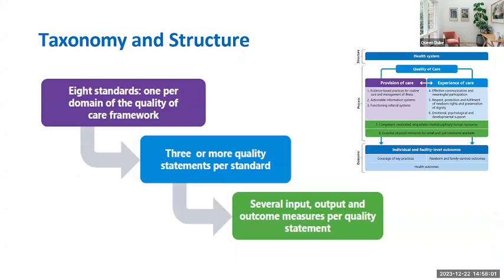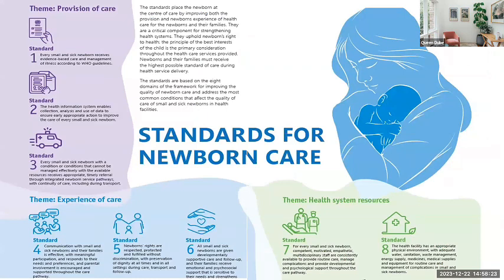So 8 standards in total, and each standard has 3 or more quality statements. And then you also have several input and output, but also outcome measures per quality statement. So you start with a standard, you have then quality statements. Under each quality statement, you have your input, output measures.